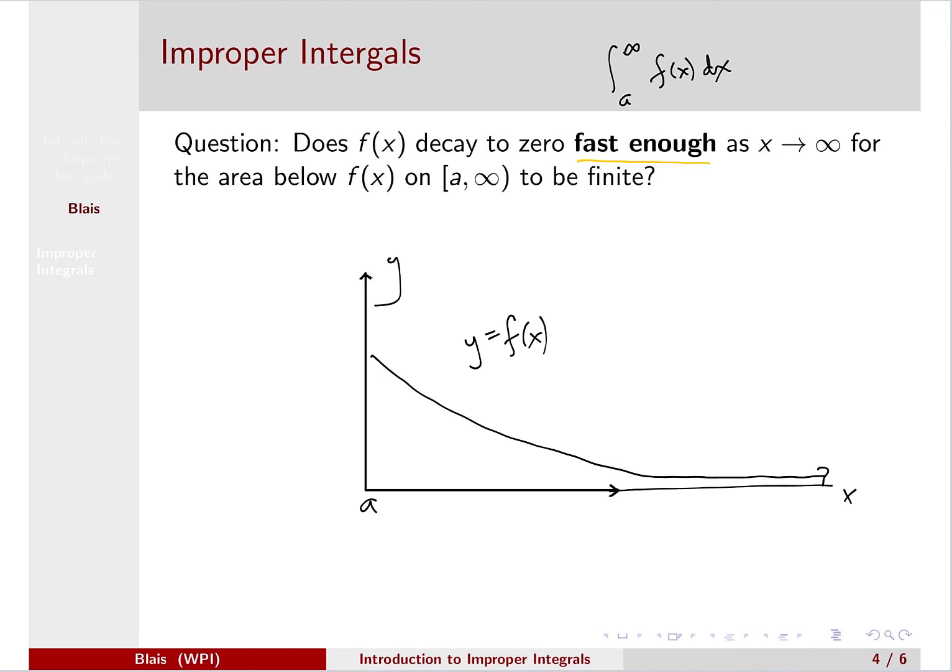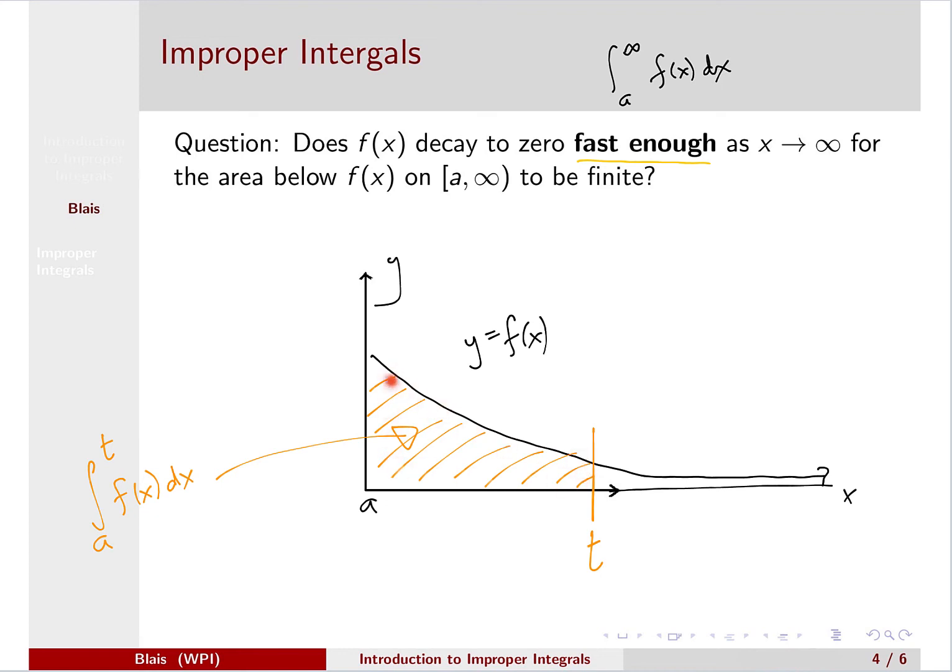So let's do the following. Instead of integrating, instead of getting the area all the way down the real line, let's stop at, say, some arbitrary value t and calculate this area. Now, if we calculate this depicted area here, that is nothing more than the integral from a to t of f of x dx, and that is our usual type of definite integral that we learned when we studied integral calculus.